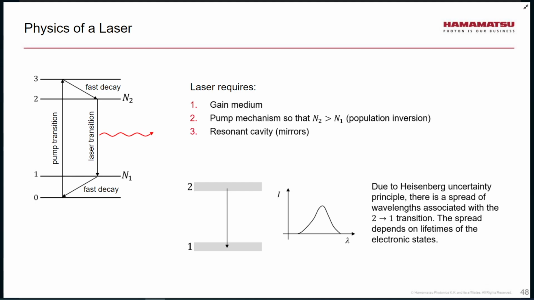That's due to the Heisenberg uncertainty principle. Therefore, if you have a transition from level 2 to 1, you do not produce one single wavelength, but some distribution of them. This will be the distribution, or the spectrum, you could say, of wavelengths that can result from, in this case, the 2 to 1 transition.